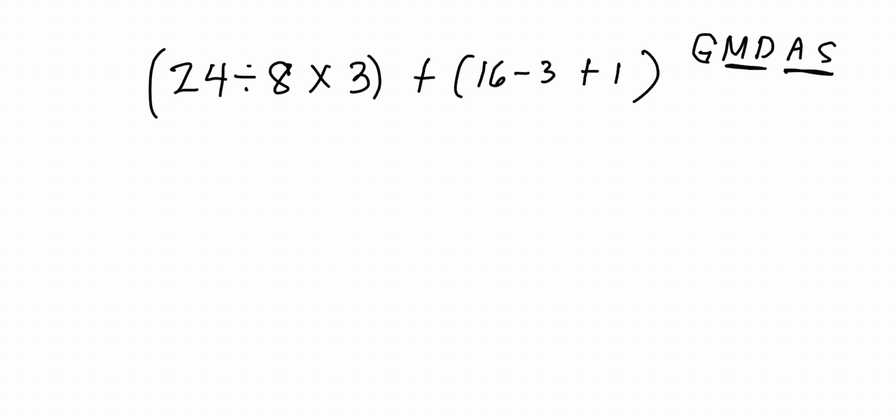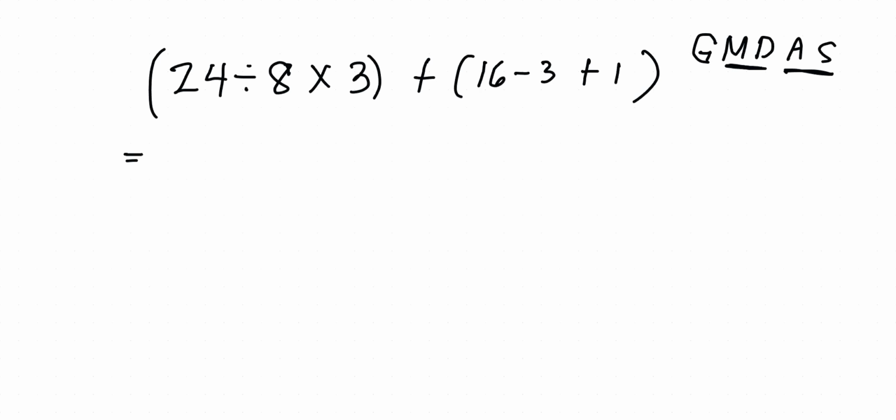Okay, for this problem, we have two groupings here, which is 24 divided by 8 times 3. So let us solve first 24 divided by 8, not 8 times 3. Why? Because the division comes first in the series of operations. So what is 24 divided by 8?